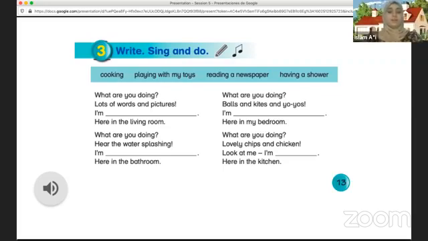The first word here in the box is cooking. Cooking. Excellent, Elena. Cooking. The second one is playing with my toys. Playing with my toys. Excellent, Elena. Playing with my toys.